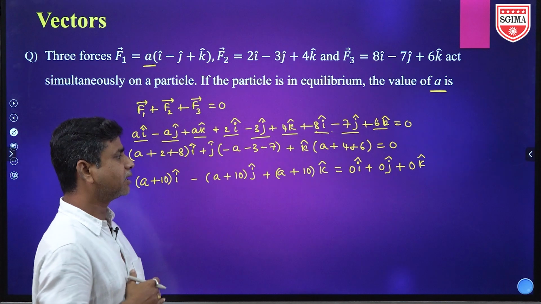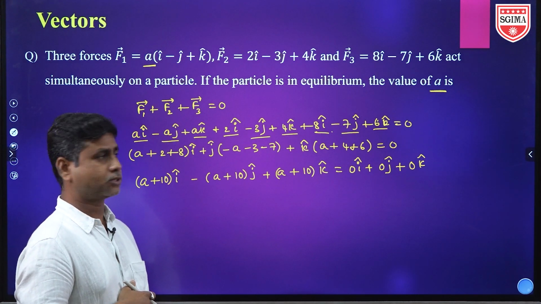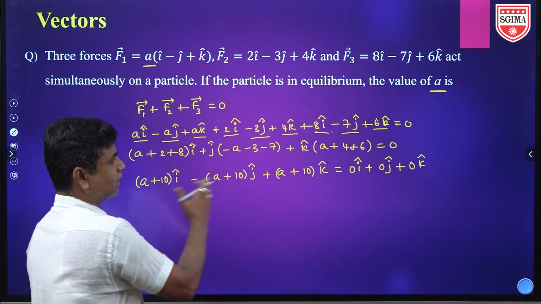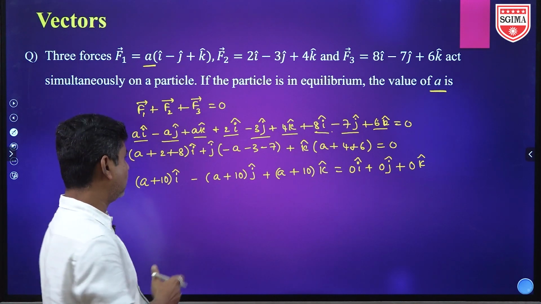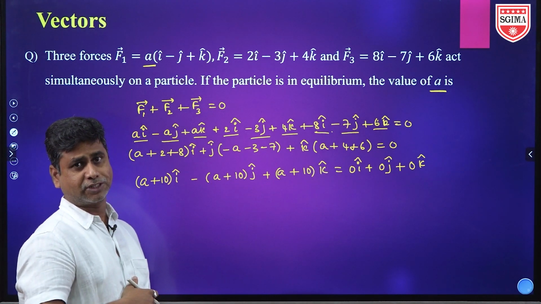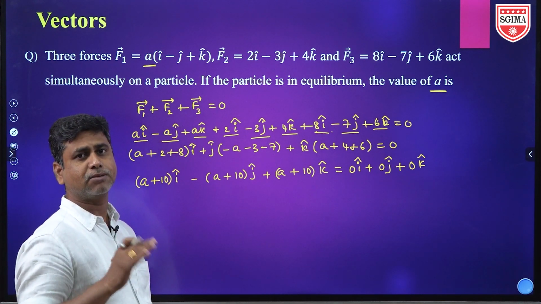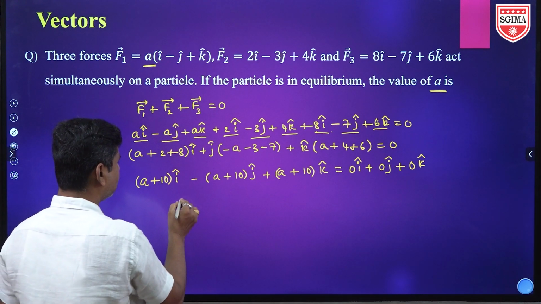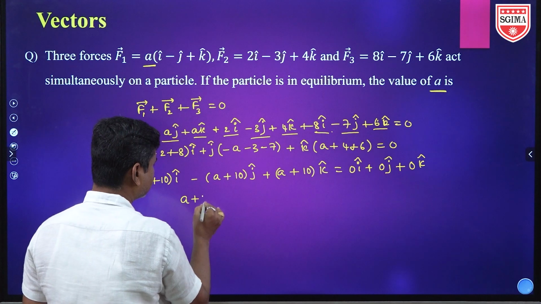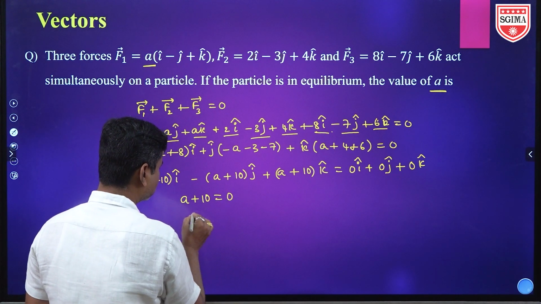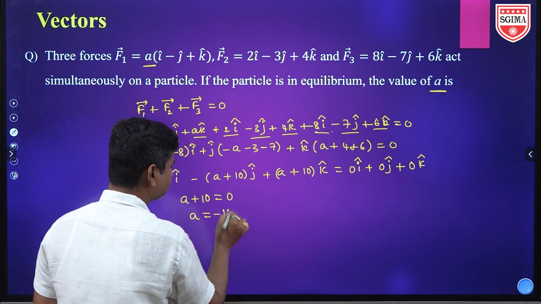Now equate the magnitudes on both sides. Here a plus 10 i cap equals 0 i cap. The second term j cap magnitudes or k cap magnitudes can also be equated, and you will get the same answer. So a plus 10 equals 0, so a equals minus 10.